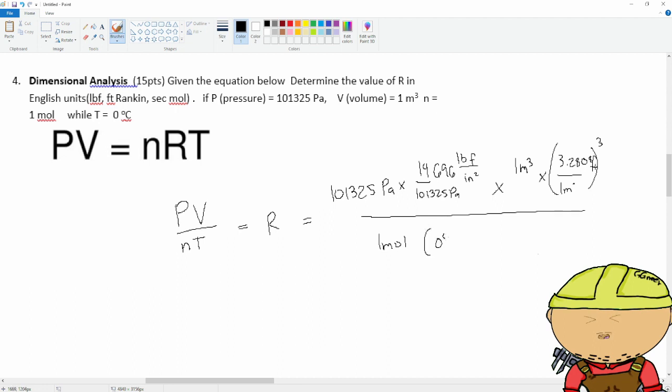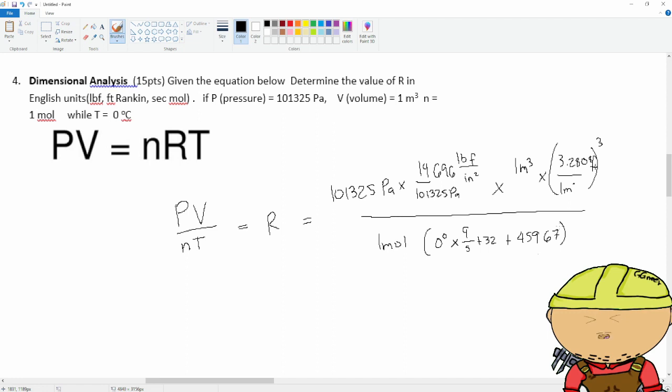Temperature is 0 degrees Celsius. That's Celsius times 9 over 5 plus 32, plus 459.67, which is the conversion for Rankine.